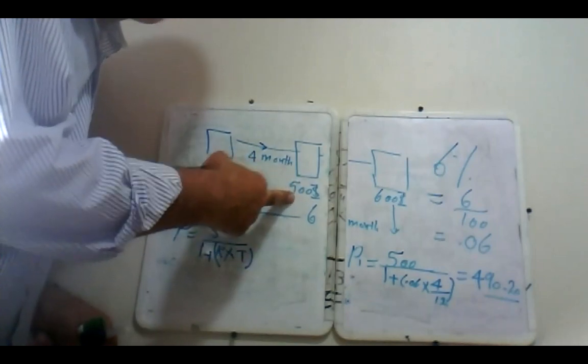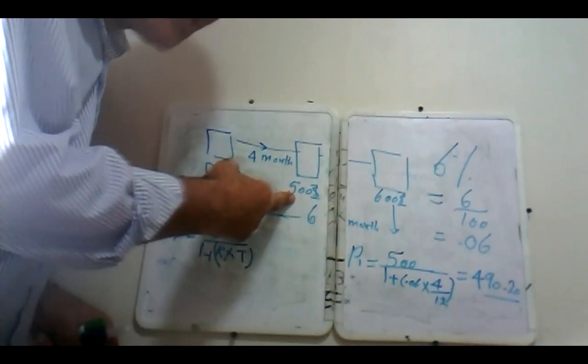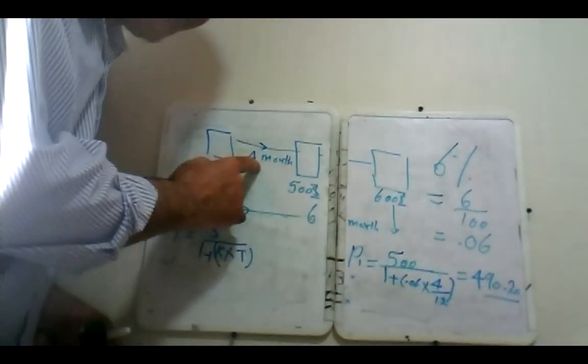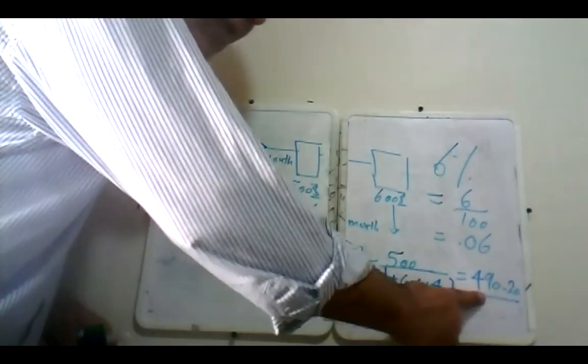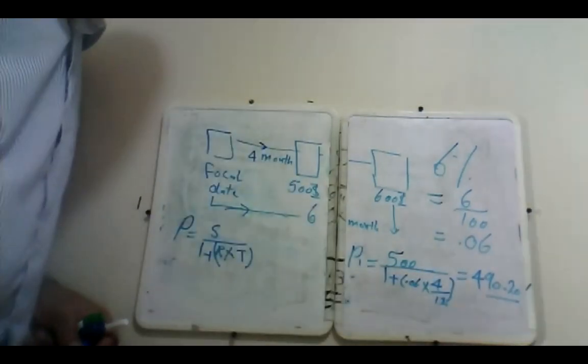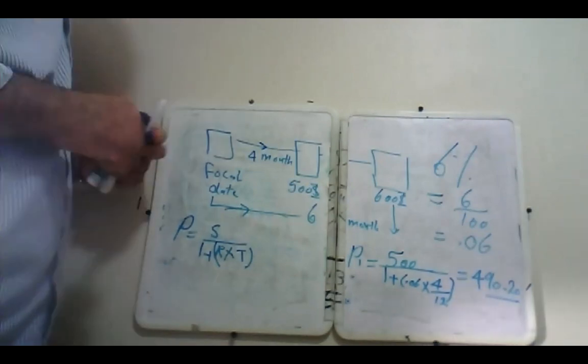If I pay you now, how much will I pay? Then they will tell you, okay, you don't want to pay the 500 after 4 months, you can pay now $490.20.